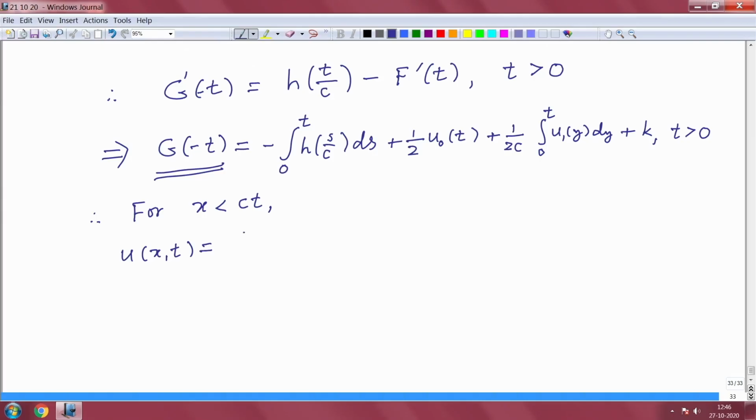So, this is just f of x plus c t plus g of x minus c t, and this is just, let me write once again.